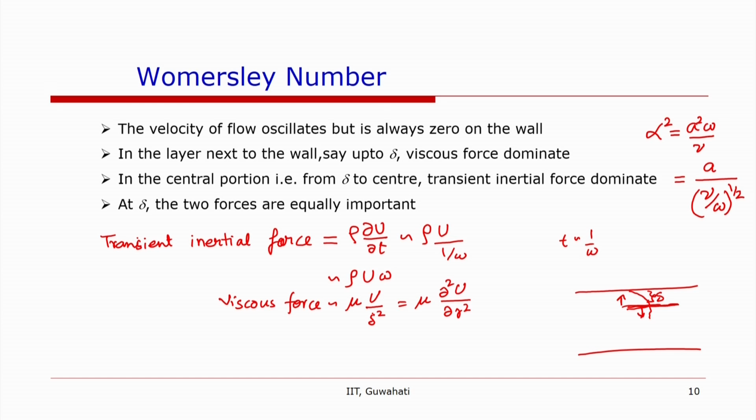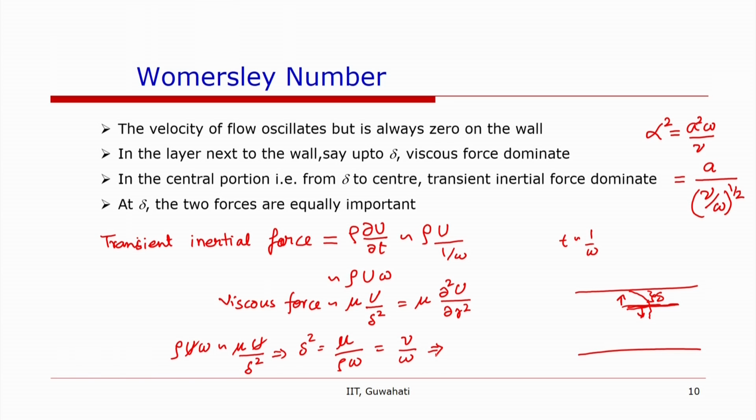If we substitute that from dimensional analysis, at delta we will see that rho u omega is of the same order of magnitude as mu u by delta squared. So u and u cancel out, and that gives delta squared is equal to mu over rho omega, or nu over omega.